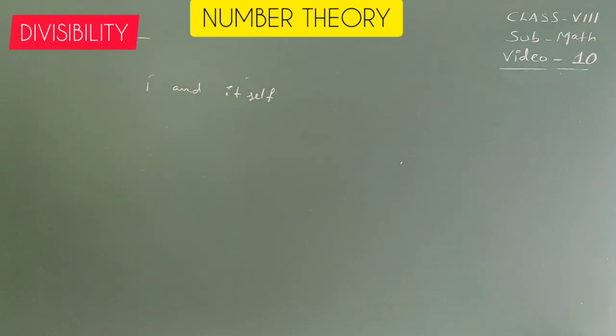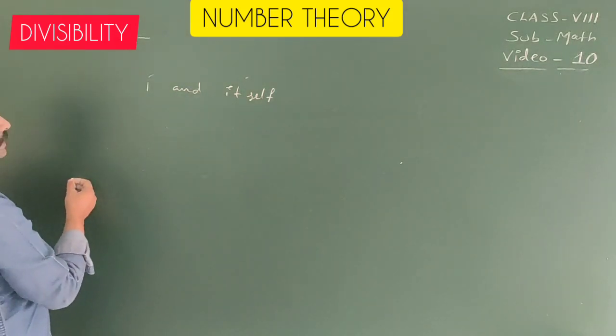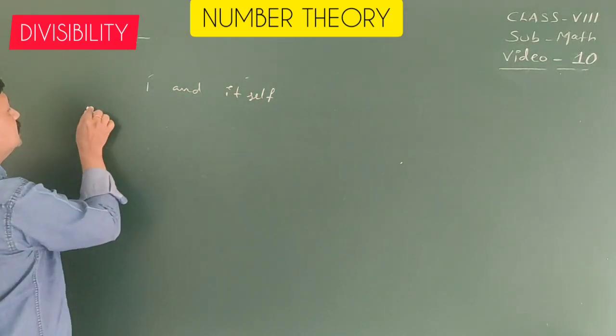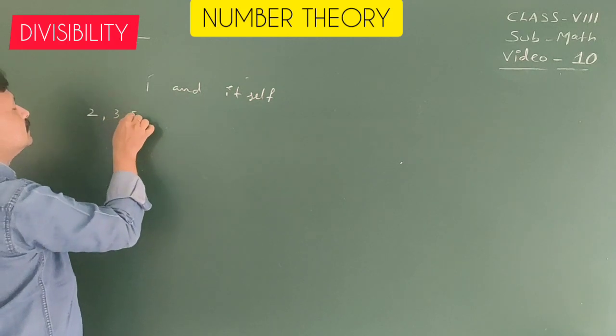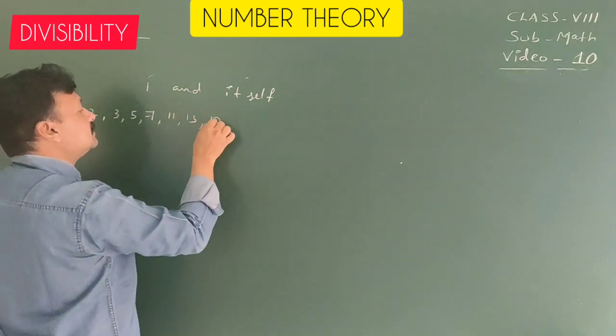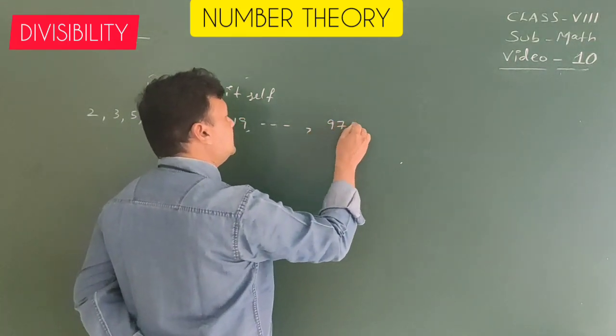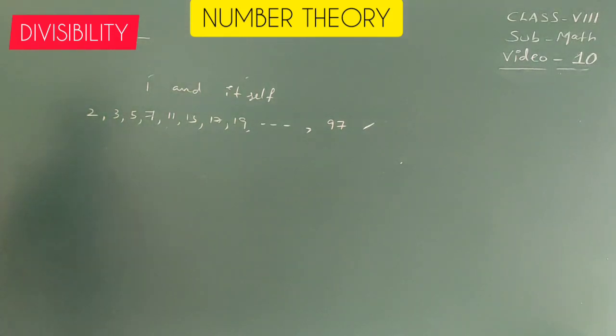Some key points based on prime numbers. Here we have some primes between 1 and 100: 2, 3, 5, 7, 11, 13, 17, 19 and so on up to 97 are the primes between 1 and 100.